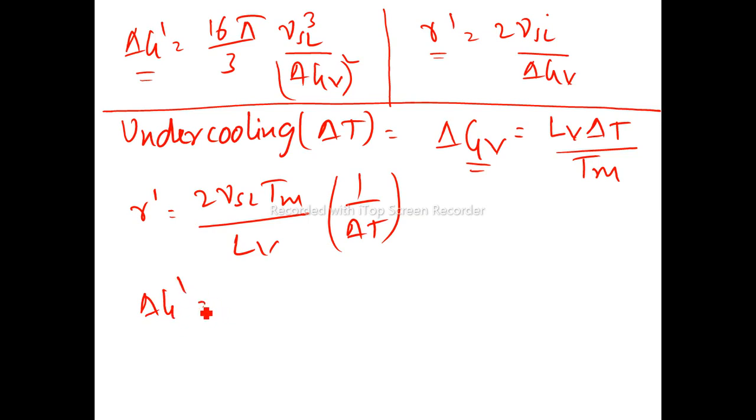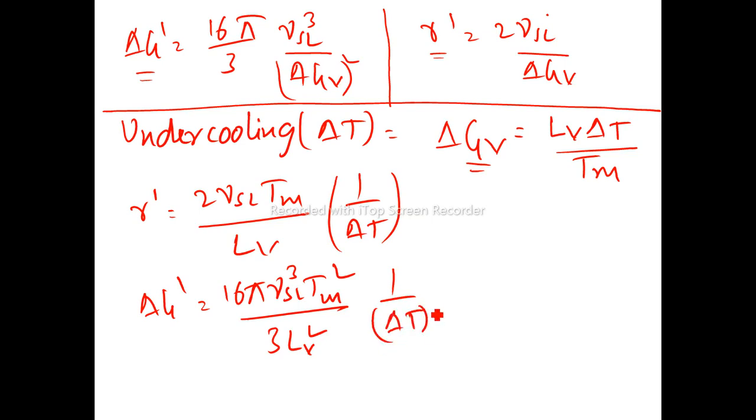G dash equal to 16 pi gamma SL whole cube, Tm square, 1 by delta T whole square.